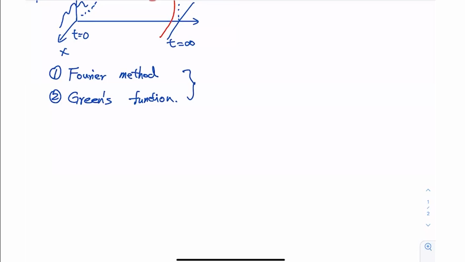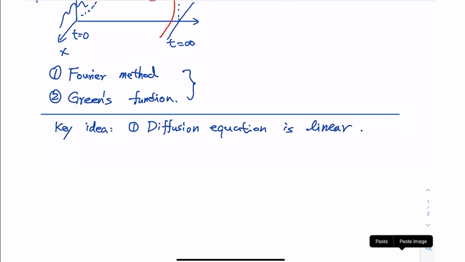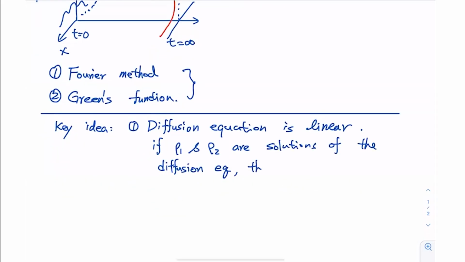One of the key ingredients, or the key idea, is that the diffusion equation is a linear equation. What that means is that if rho 1 and rho 2 are both solutions to the diffusion equation, then the linear combination of them will also be a solution.